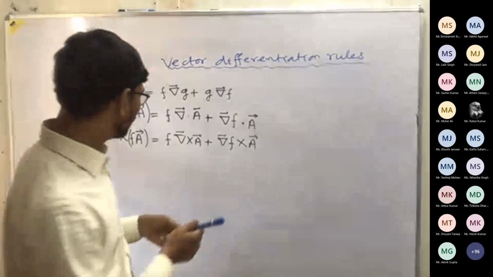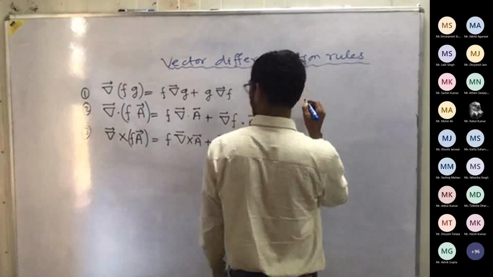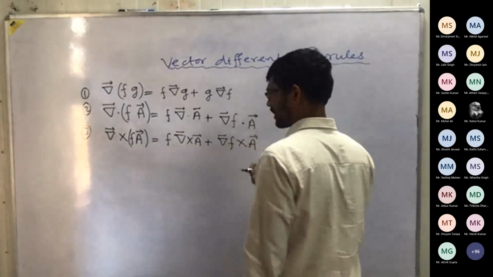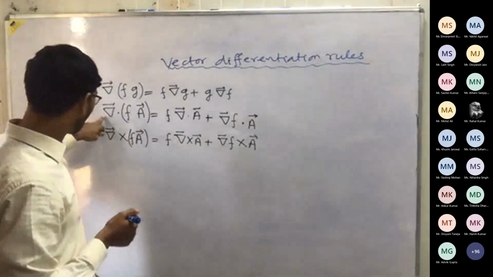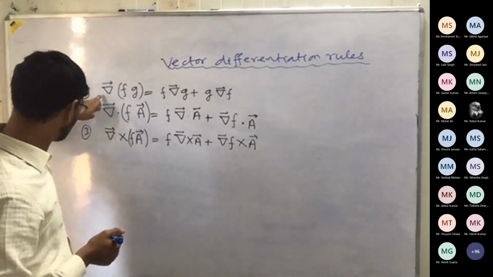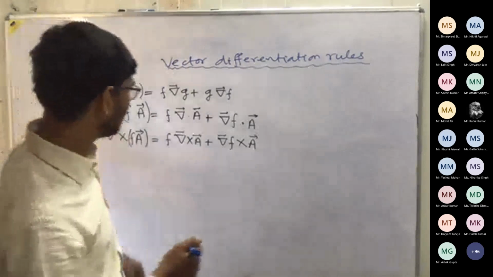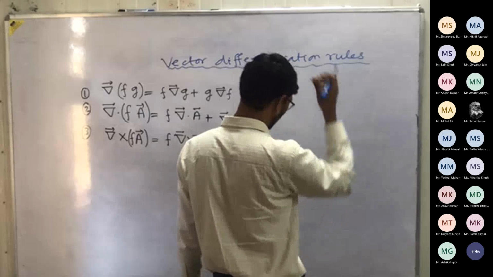Okay, so yes. What is the difference between first and second point? Okay, so this is a different operation. This is gradient operation, and this is divergence operation. Okay, so let me take an example.